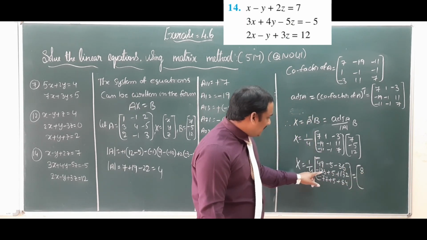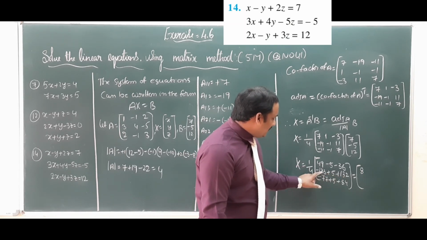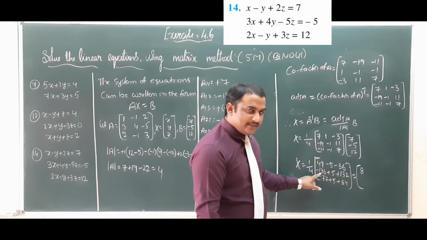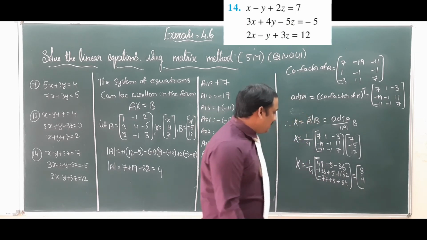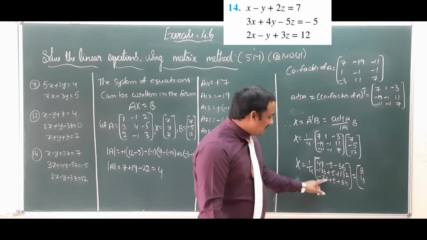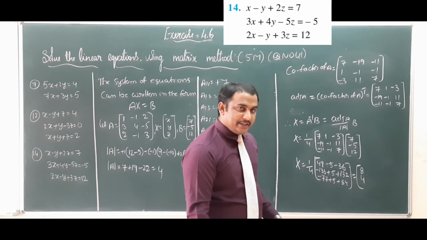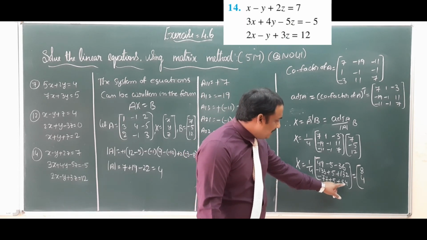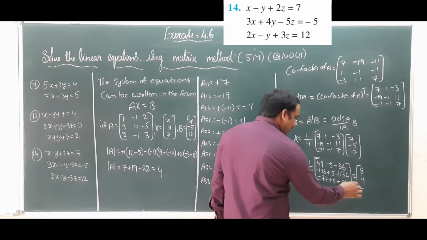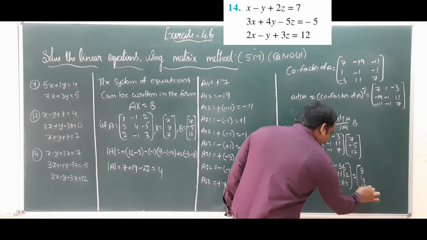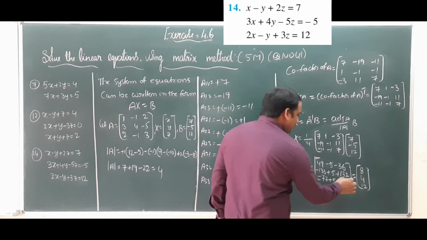Next, minus 133 plus 132 minus 1, minus 1 plus 5, here 4. Next, minus 77 plus 5 means minus 72, minus 72 plus 84, 12. Now here 1 by 4 is there.